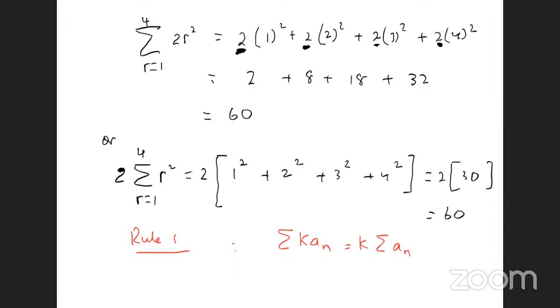So that's rule number 1. To be honest, you don't always use these rules. I'm just giving them to you in case they ask you. There was a question that had this in past papers. But I want you, when you see the summation, to understand what the summation represents. And every time I say summation, I'm referring to this notation here.